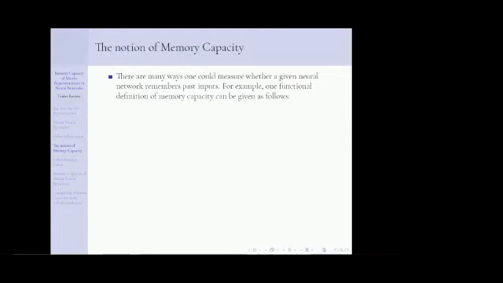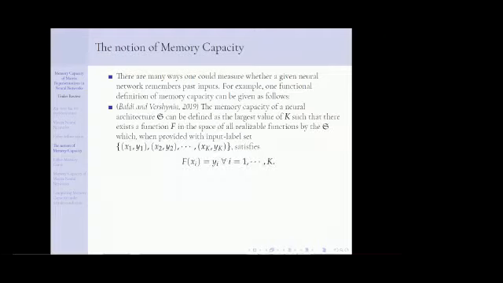The definition differs depending on whether he or she works in probability or in functional analysis. So for example, let me give you a functional analytical definition of memory capacity. This definition is used by two authors, Baldi and Vershynin, in their 2019 and also 2020 papers, and it is a very natural definition to us.